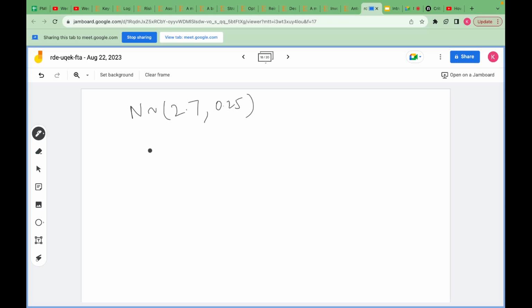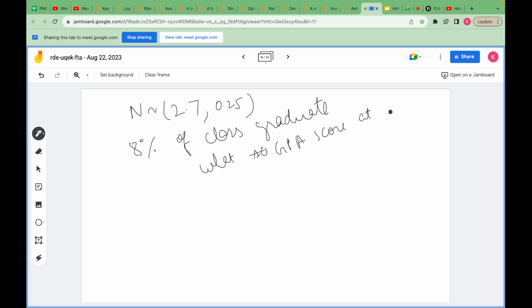Now we are told that only 8% of the class graduate. So we need to find what is the GPA score at which a student graduates.